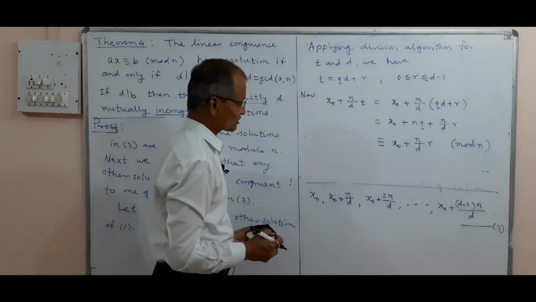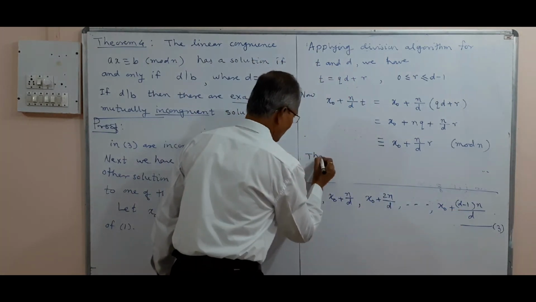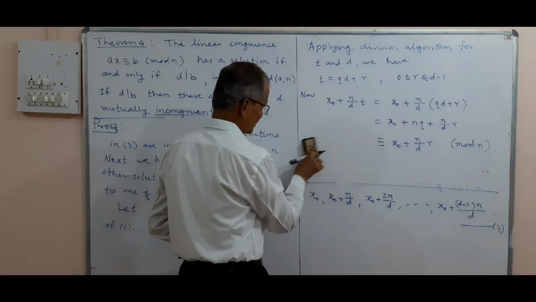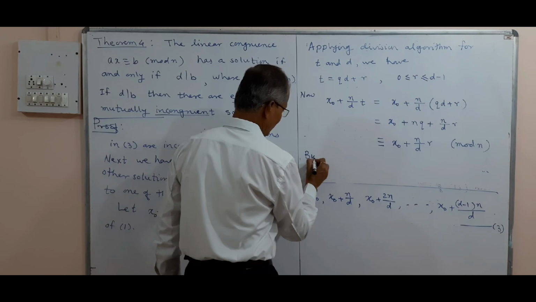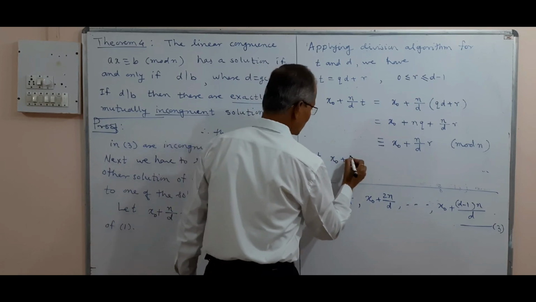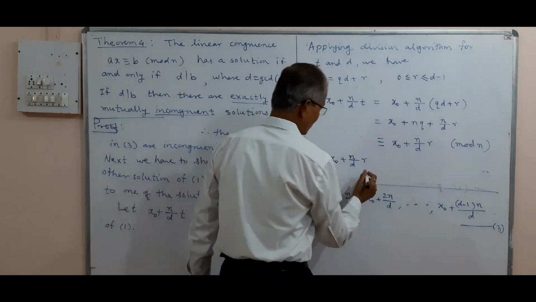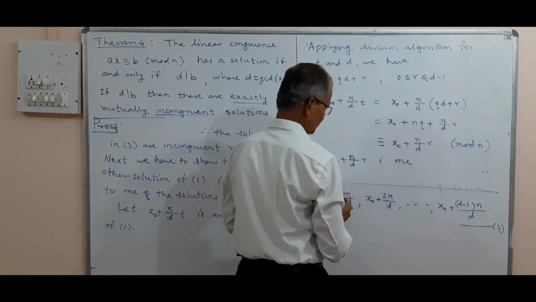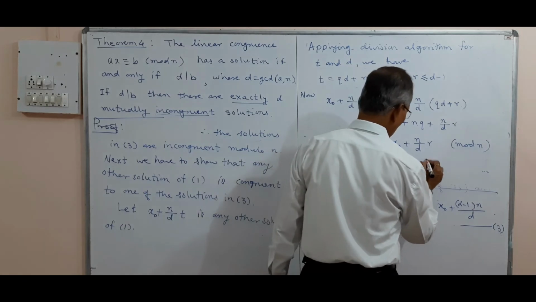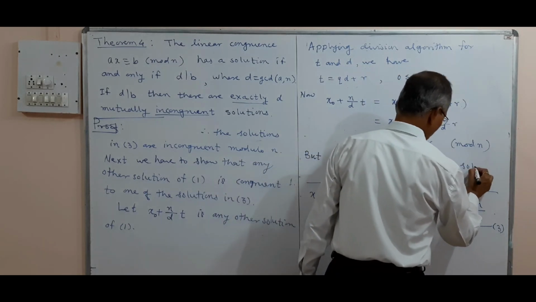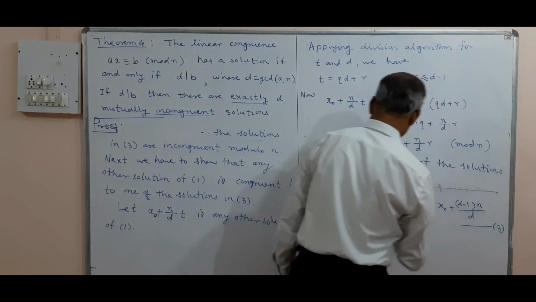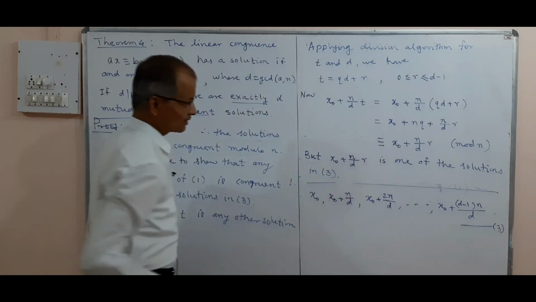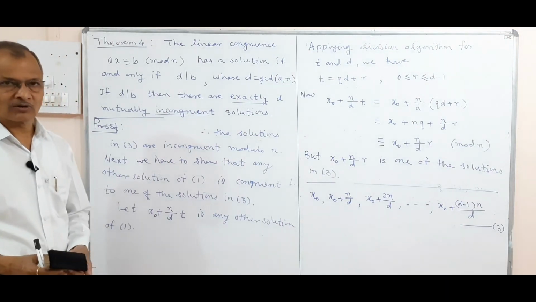And therefore this shows that this value x naught plus n by d into r is one of the solutions in 3, and this is what we wanted to prove.